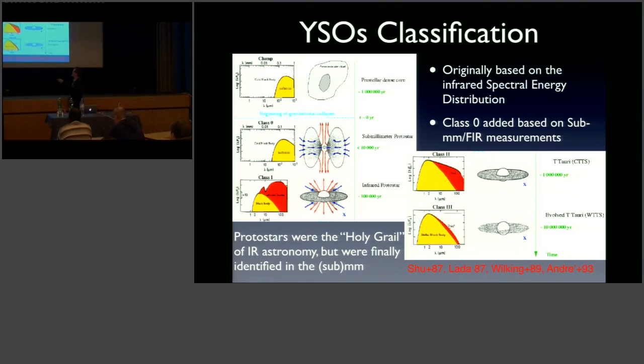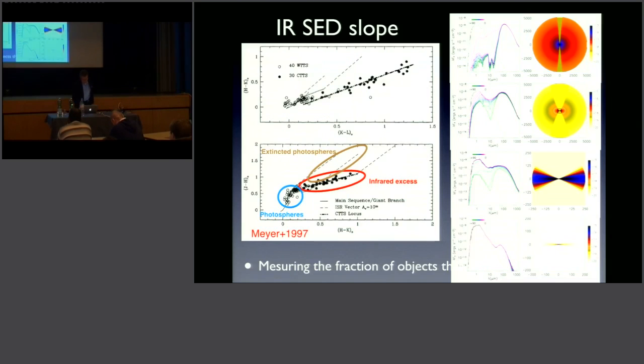And in between, you have the various emissions. And the way they are classified is based on the slope of this spectral energy distribution.